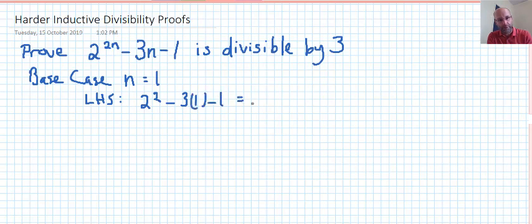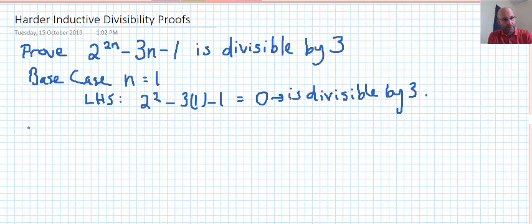That's 4 minus 3 minus 1, which is 0, so that is divisible by 3. Okay, 0 is divisible by 3, so the base case holds.